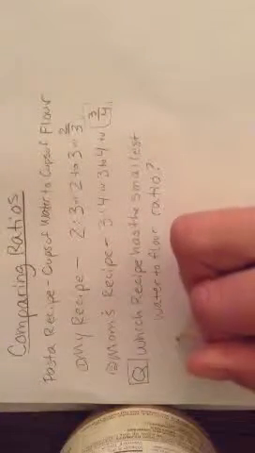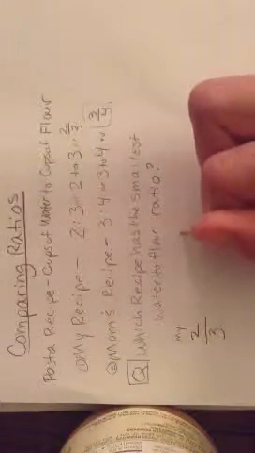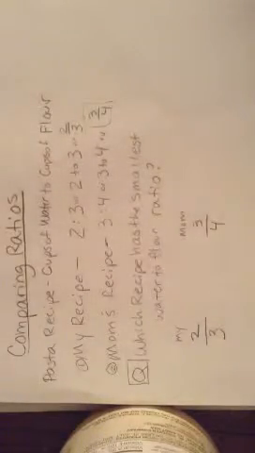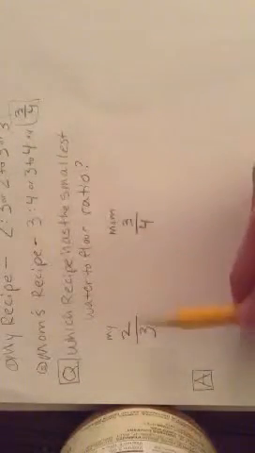So my recipe is a 2 to 3 ratio compared to my mom's recipe of a 3 to 4 ratio. I know that in order to compare them, I can't necessarily see exactly which one has a larger ratio.